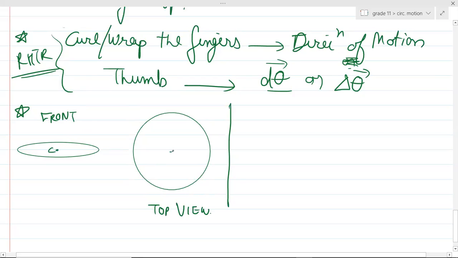Let us say this is your initial angle. You see the particle is over here at t equals 0, and at t equals t the particle moves till here.